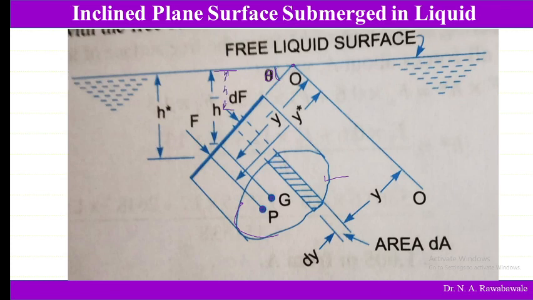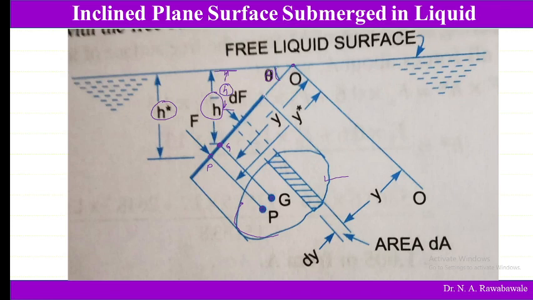So h is the vertical distance, whereas the center of gravity on this plane is here, G, which is at distance h bar from the free surface, and this point is P, the center of pressure, which is at a distance of h star from the free surface of liquid. So h star, h bar and h are the distances measured in the vertical direction.